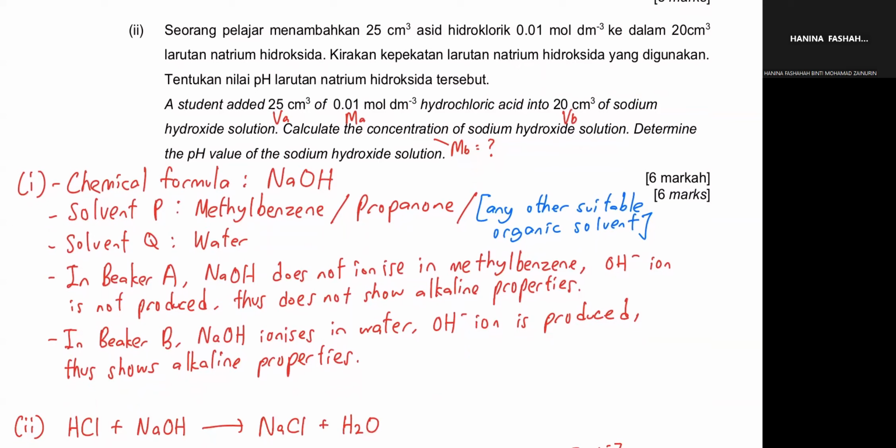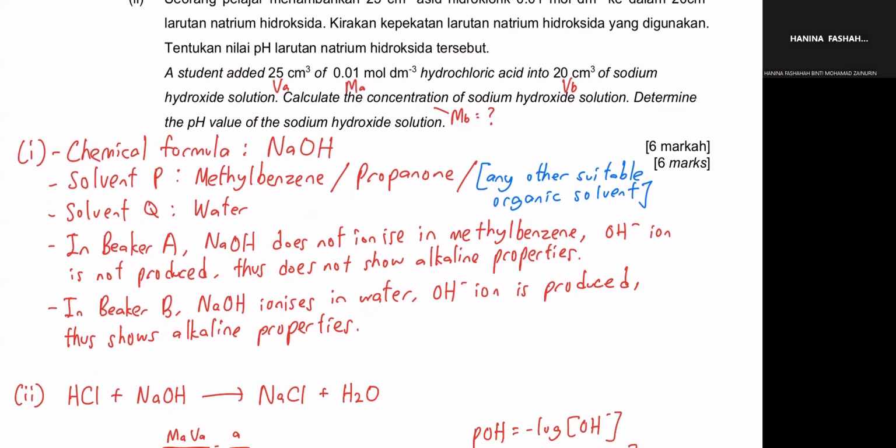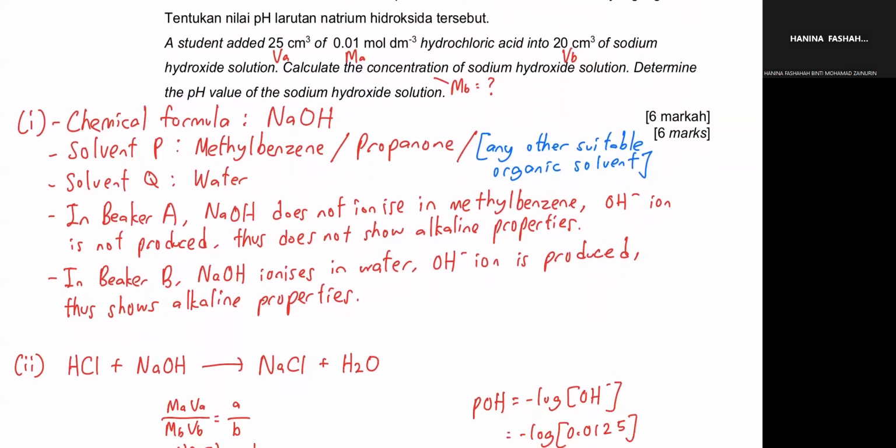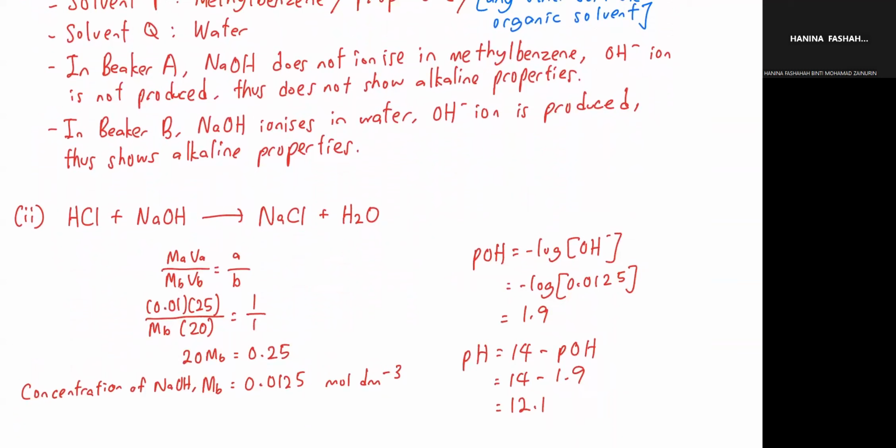Then determine the pH value. How to remember the pH value? There are 3 formulas. One is pH equals negative log H plus. Also, you have this formula: pOH equals negative log OH minus. When they give alkaline, you use this.